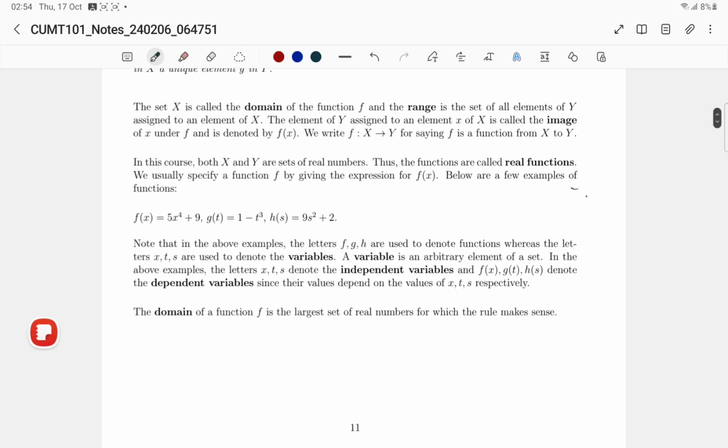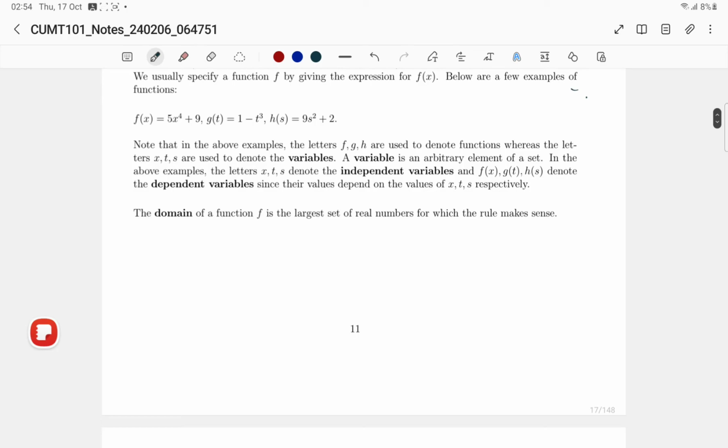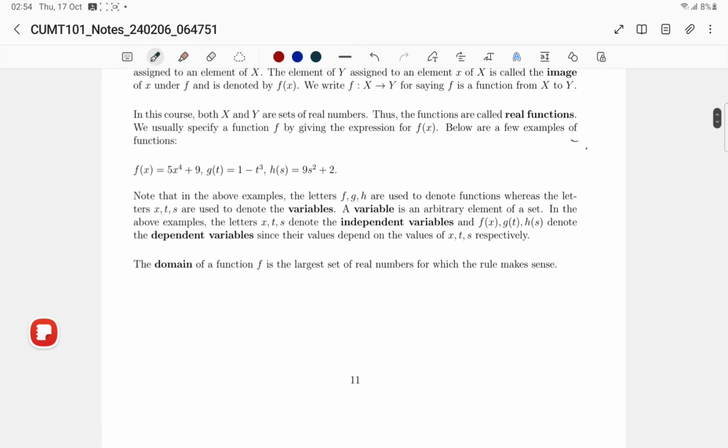Okay, so moving back to our notes, there is the concept of dependent and independent variables.